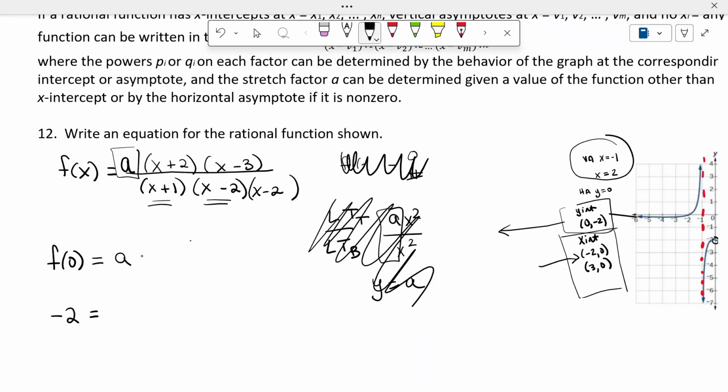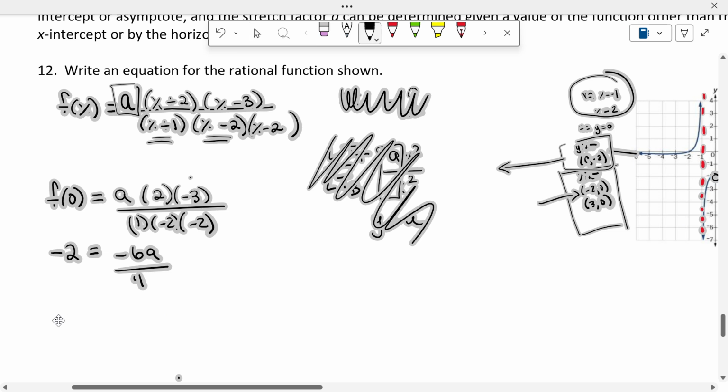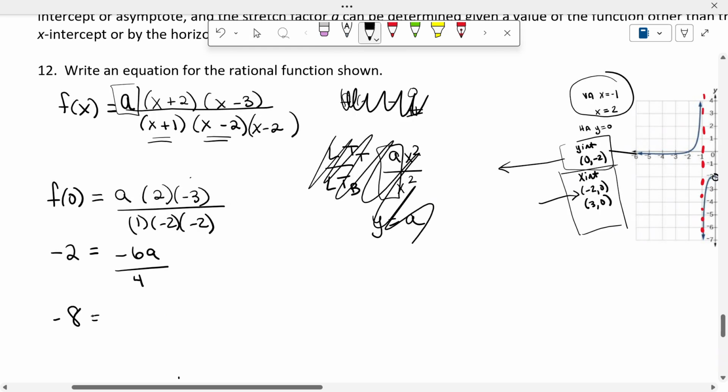If I plug in a 0, I'll have a 2 there, a -3 there, a 1, a -2, and a -2. In other words, I'll have a -6a over a +4. And now we solve for a rather. Multiply by 2, we'll get -8 equals -6a.